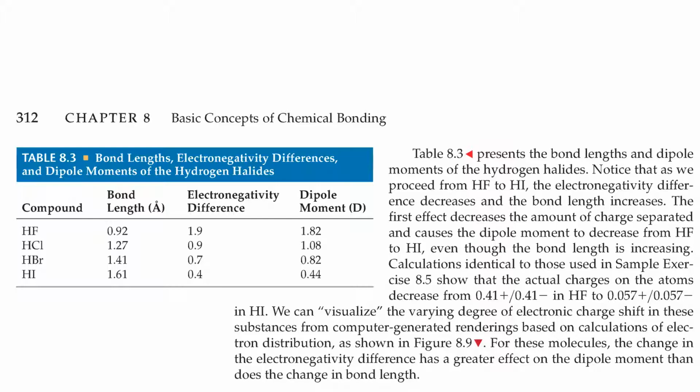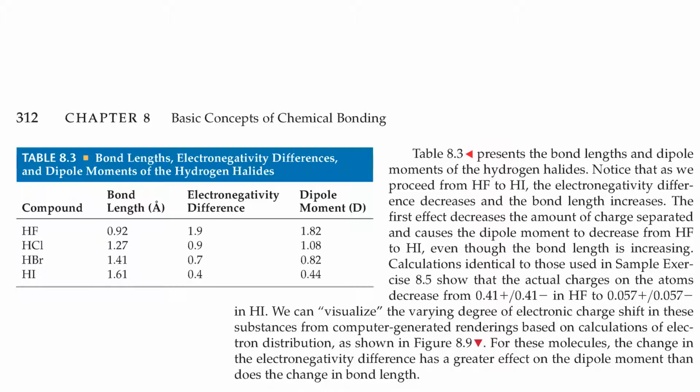Calculations identical to those used in Sample Exercise 8.5 show that the actual charges on the atoms decrease from 0.4 positive and 0.4 negative in hydrogen fluoride to 0.057 positive and negative in hydrogen iodide. We can visualize the varying degree of electronic charge shift in these substances from computer-generated renderings based on calculations of electron distribution, as shown in Figure 8.9.